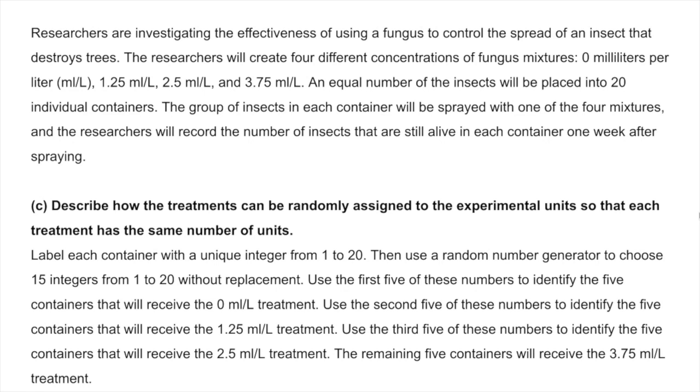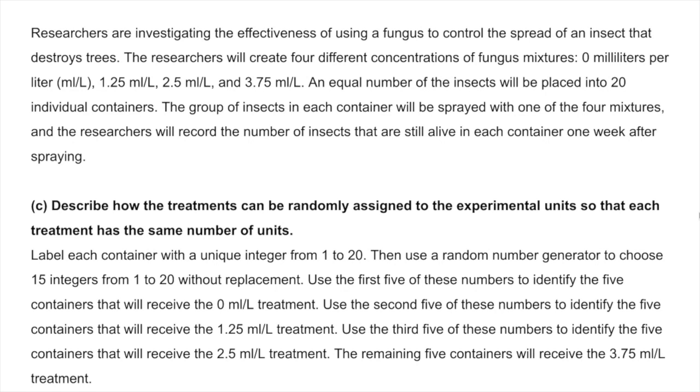But you could go about this process whichever way you want, as long as all 20 containers are labeled and they each get assigned randomly a concentration. But this is just the way I did it, where you'd use the first 5 numbers to identify the 5 containers that will receive the 0 milliliters treatment. Then the next 5 would be used to identify the 5 containers that will receive the 1.25 milliliters per liter treatment.